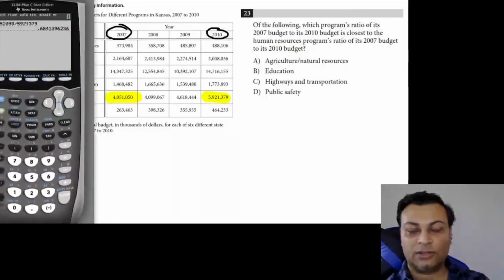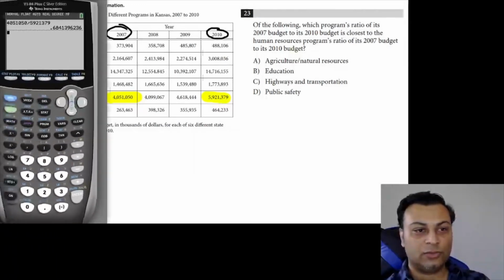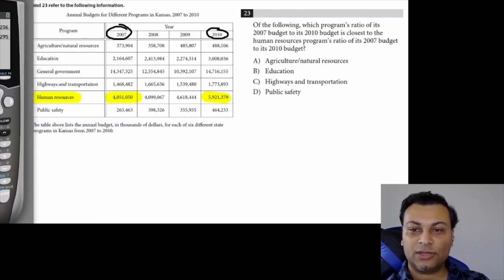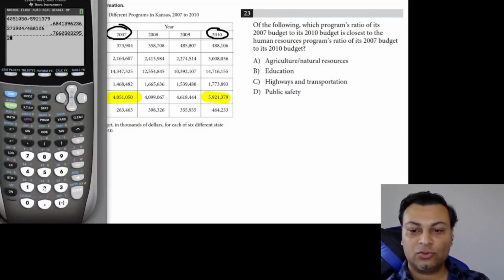Agriculture is this first row. So we're going to check 373,904 divided by 488,106. That's 0.766. Education comes next. 2,164,607 divided by 3,008,036.